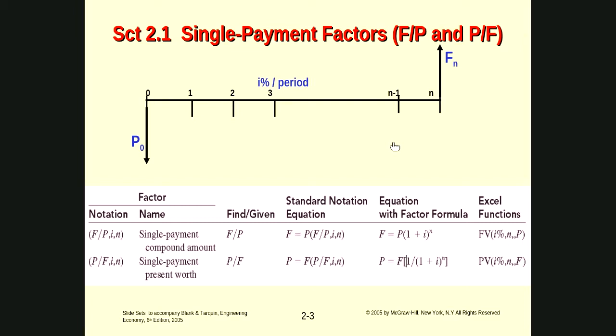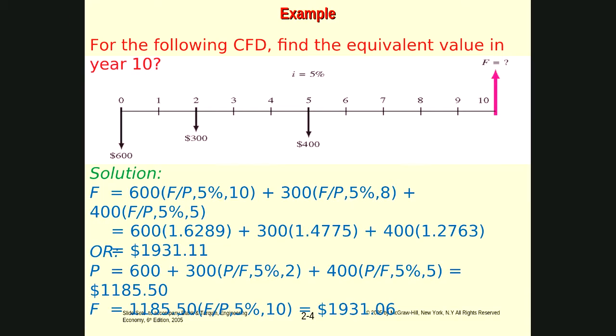So the value of money changes over time, and the questions ask you to convert it over time using those formulations or the tables that we have explained. We will solve examples to have things clear. This is one of the examples. We have a cash flow here.